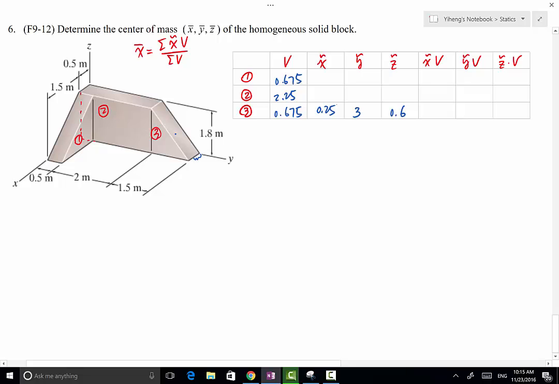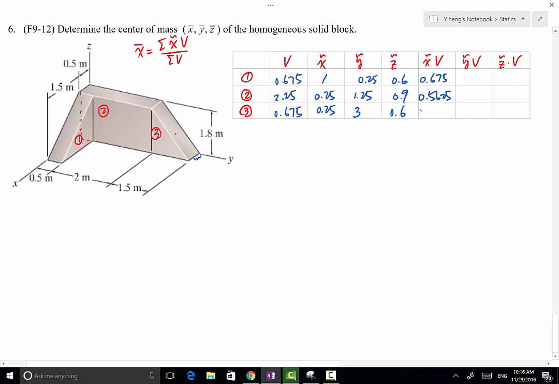And we can do similar analysis for block number 1 and 2 and fill this table in. So that'll be 1, 0.25, 0.6, and then 0.25, 1.25, and 0.9. And then we can calculate these 3 remaining columns to get this result.